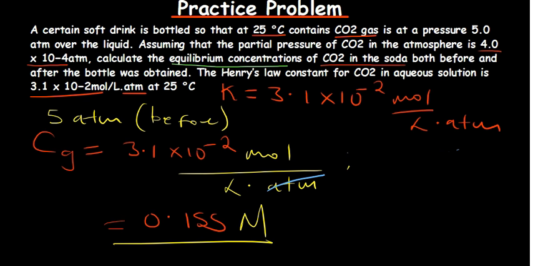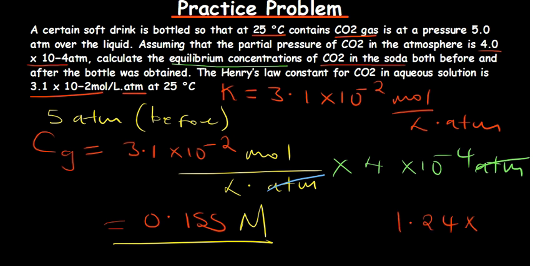After opening we need to apply the atmospheric partial pressure of the carbon dioxide. So 3.1 times 10 to the power negative 2 multiplied by 4 times 10 to the power negative 4, we get 1.24 times 10 to the power negative 5 molar concentration.